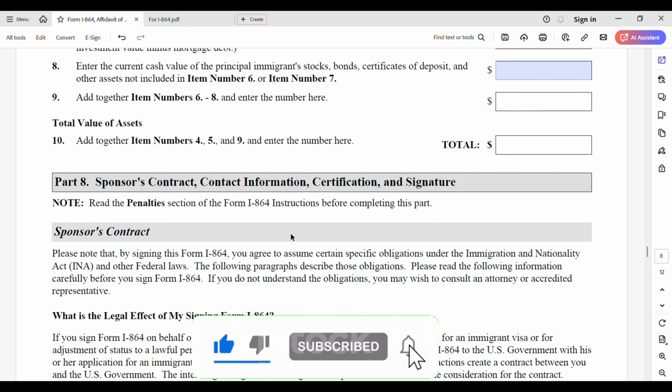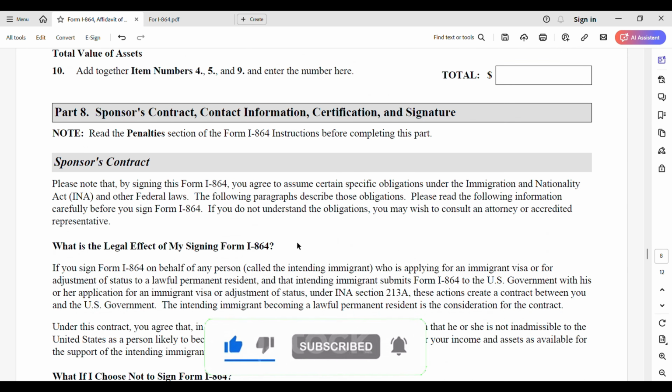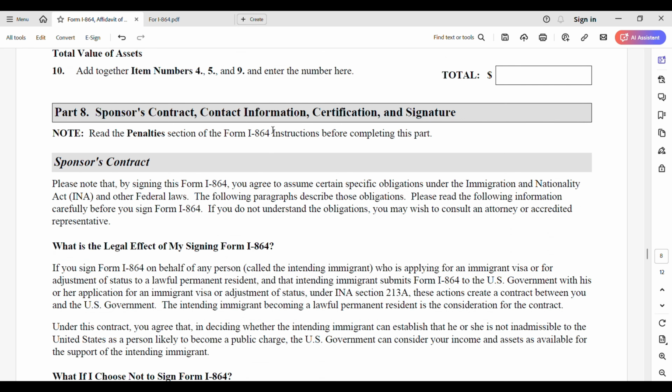Now let's go to Part 8, which is sponsor's contact information, certification, and signature. Read the penalties section of the Form I-864 instructions before completing this part. It's very important. Sponsor's contract. Please note that by signing this Form I-864, you agree to assume certain specific obligations under the Immigration and Nationality Act and other federal laws.